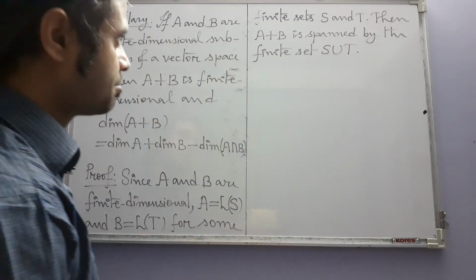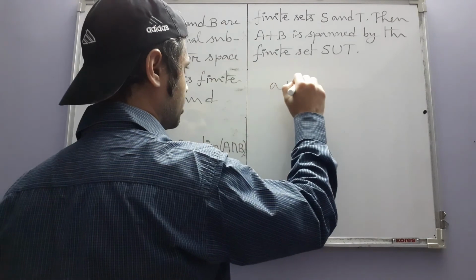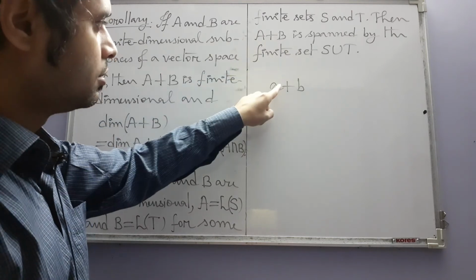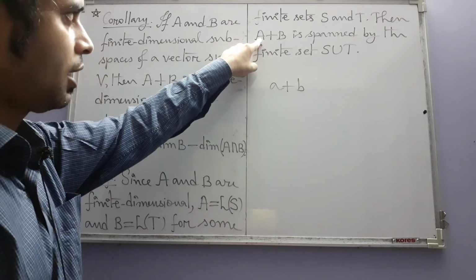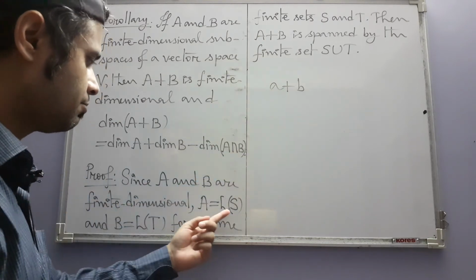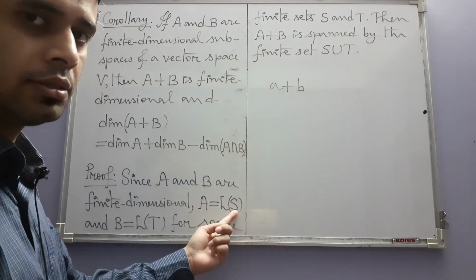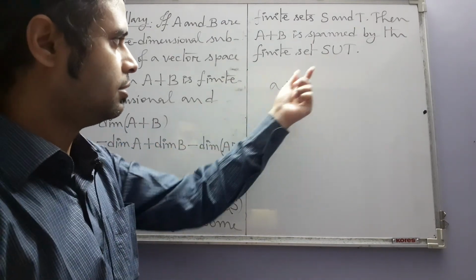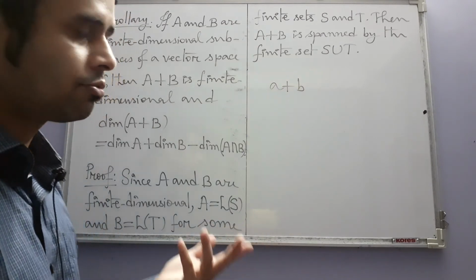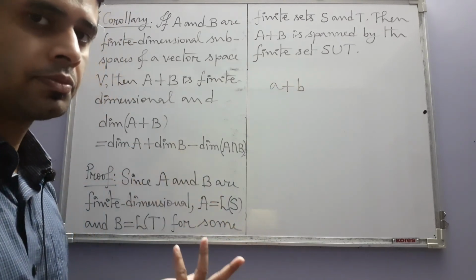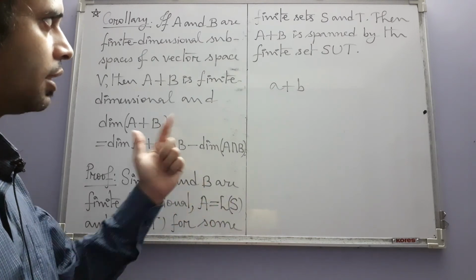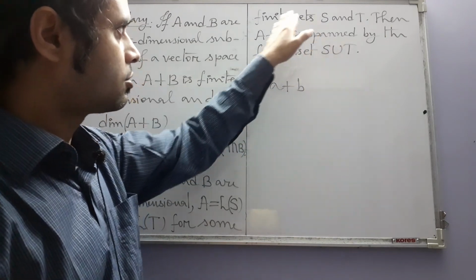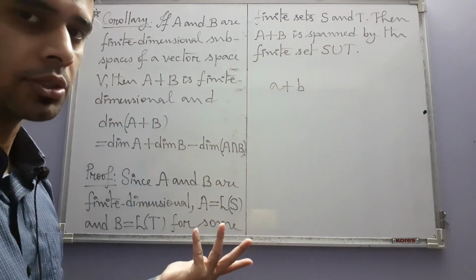Any element in A plus B will look like a plus b, where this vector a is coming from A and b is coming from B. So a is a linear combination of finitely many elements in S, and b is a linear combination of finitely many elements in T. So a plus b is a linear combination of finitely many elements in S union T. That's how S union T spans A plus B. And because S and T are finite, their union is finite, so that is why A plus B is finite dimensional.